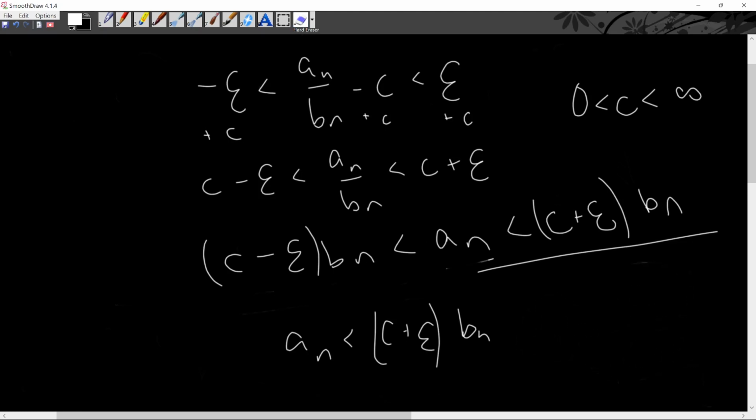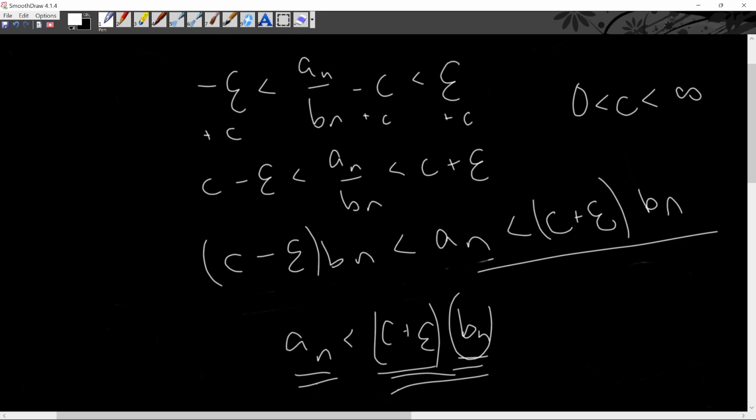If A sub n is less than something times B sub n, so A sub n is already less than B sub n, but B sub n is being multiplied by an extra value. If A sub n diverges, then this is obviously greater than A sub n, which means that B sub n also diverges.